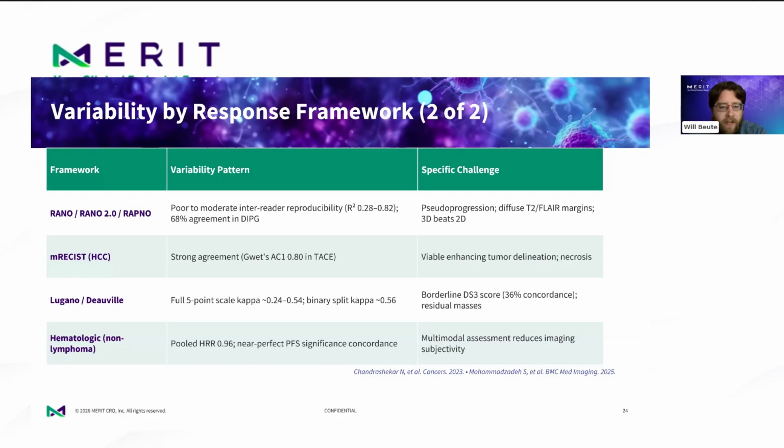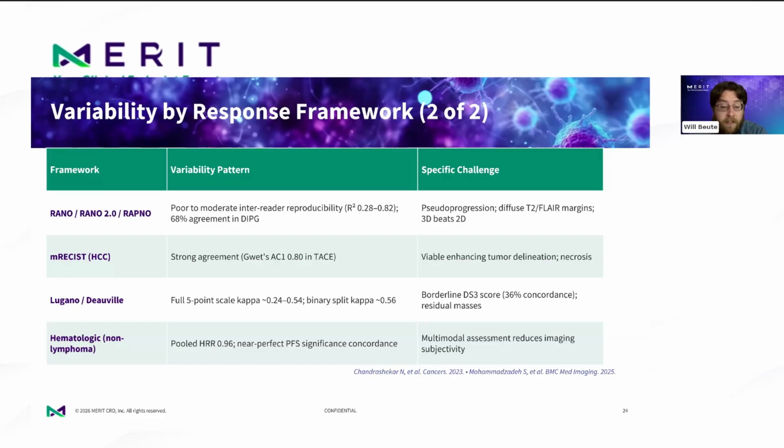The major challenge here is the borderline Deauville 3 score and also residual masses. And finally, the non-lymphoma hematologic malignancies show a pooled hazard ratio of 0.96 and near perfect concordance on progression-free survival significance, precisely because multimodal assessment reduces reliance on subjective imaging.